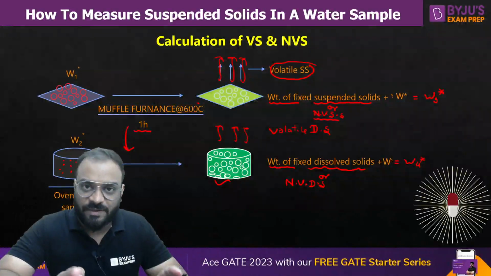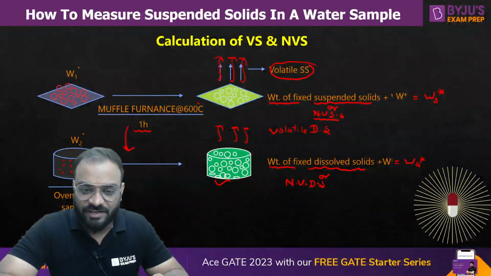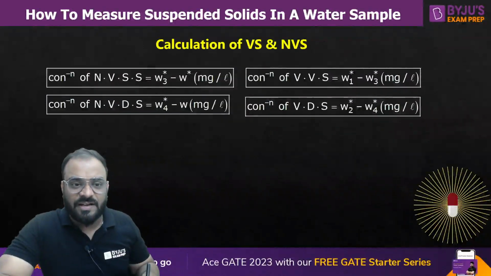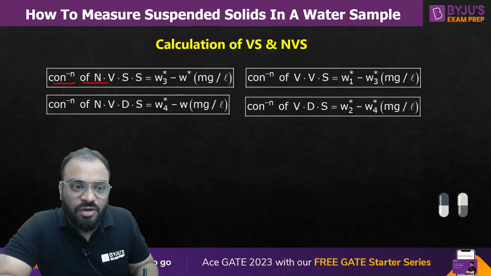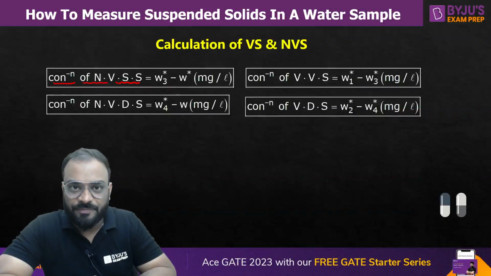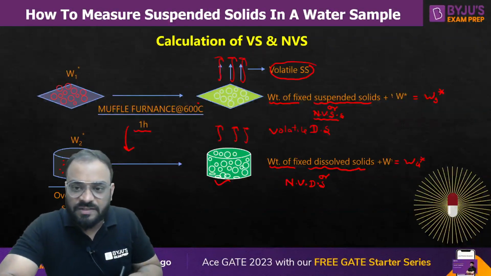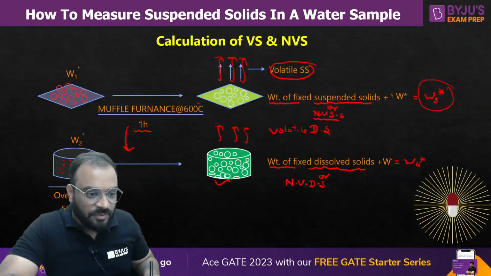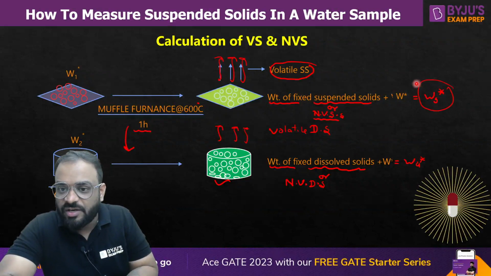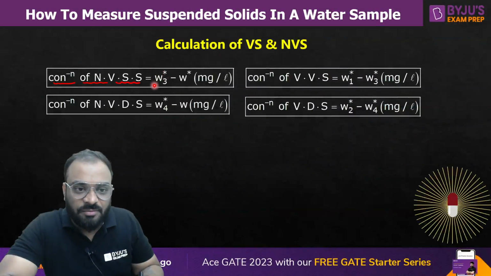Now the question is how we can measure the volatile part and the non-volatile part for the suspended and the dissolved. Let's understand it. Can I write here the concentration of non-volatile suspended solid is equal to how much? This value is W3, so W3 star minus W star.